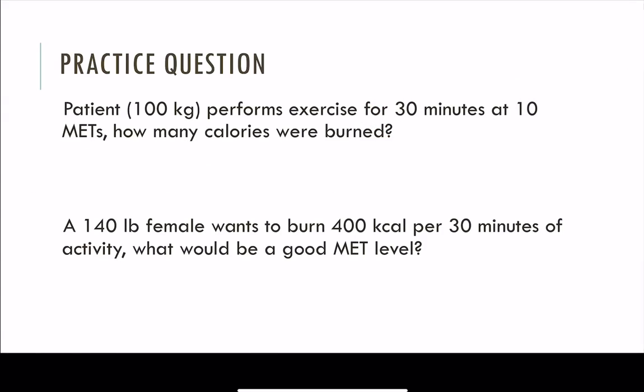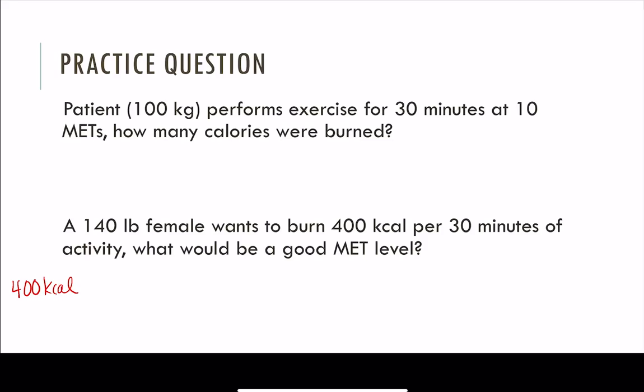Here's another one for you to try. A 140-pound female wants to burn 400 kilocalories per 30 minutes of activity. What would be a good MET level? All this does is it takes the exact same process and goes in reverse. You start with 400 kilocalories and you want to get to the MET level.